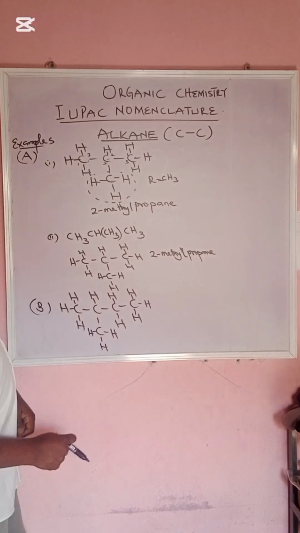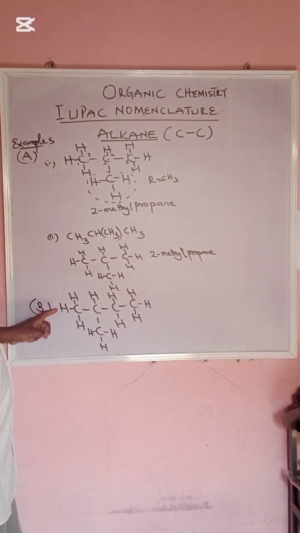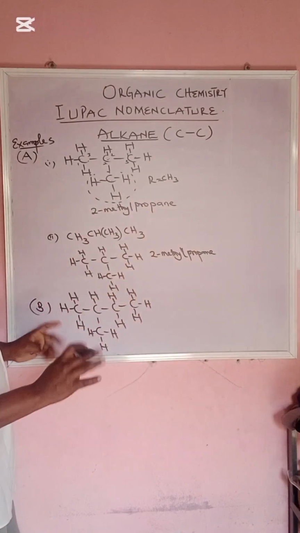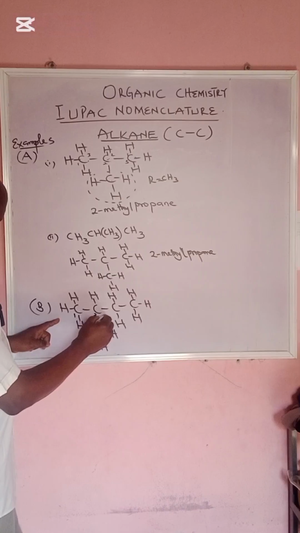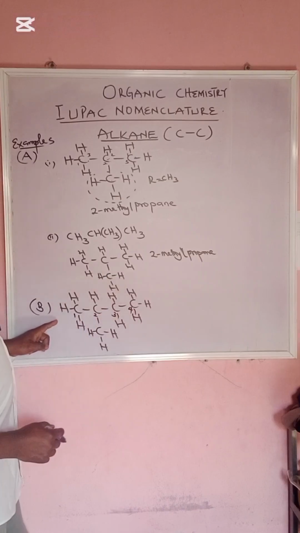You can see, if you want to name this, you have to start from left to right and check from right to left. Take the lower number. So let me start from left. If I call this 1, 2, 3, 4, you can see the longest chain.